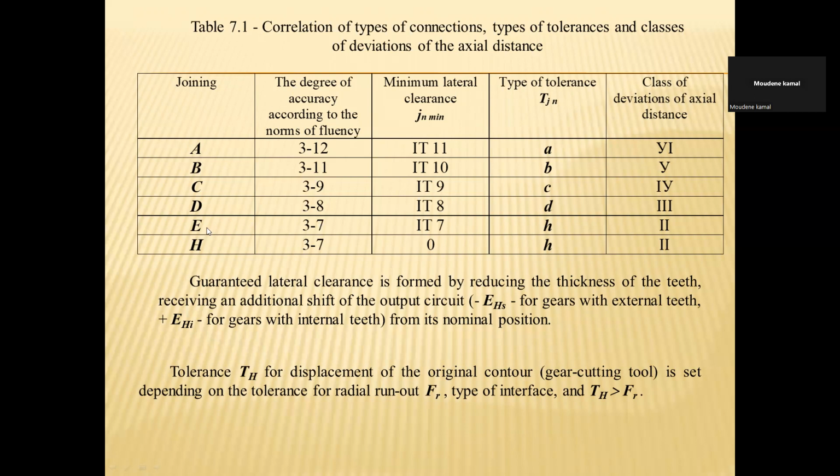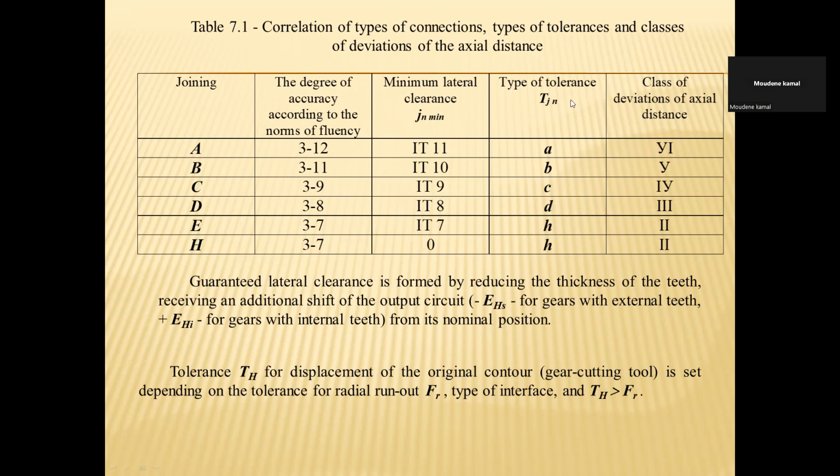And for E and H, from 3 to 7. Minimum lateral clearance j_n min is 0 for H, and for E by IT grade 7, IT grade 8 is for D, by IT grade 9 is for C, and for B and A, IT grade 10 and IT 11.